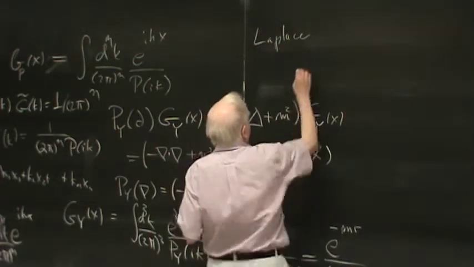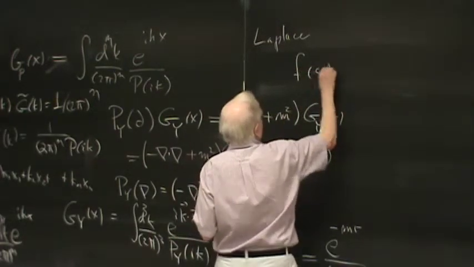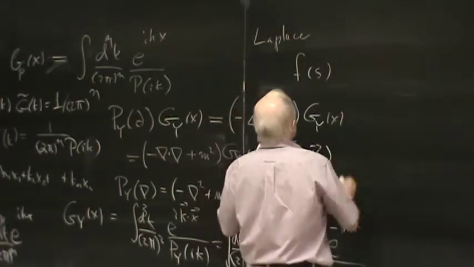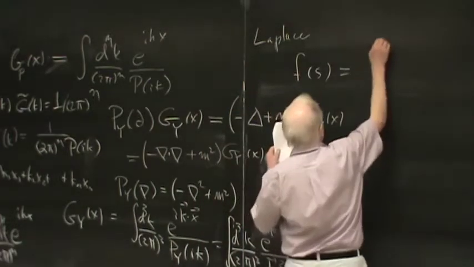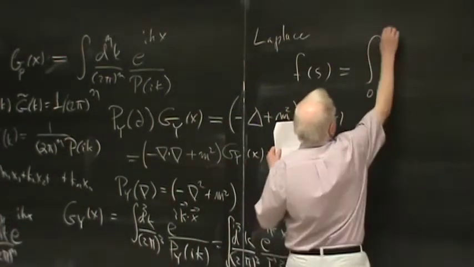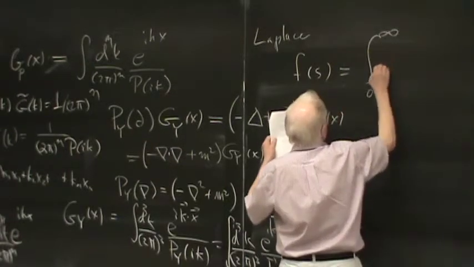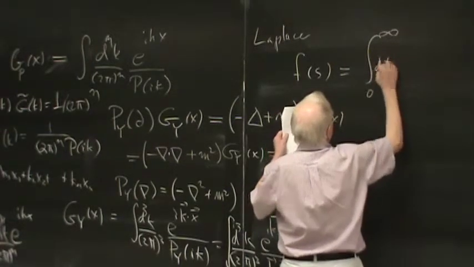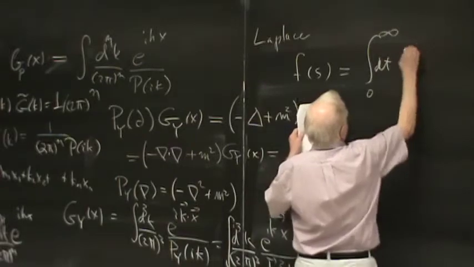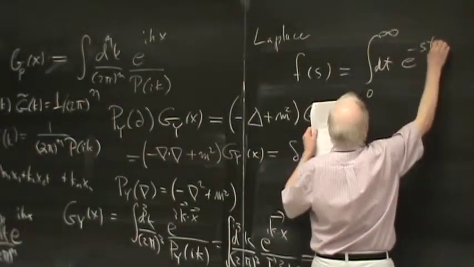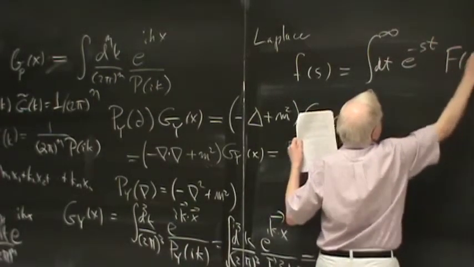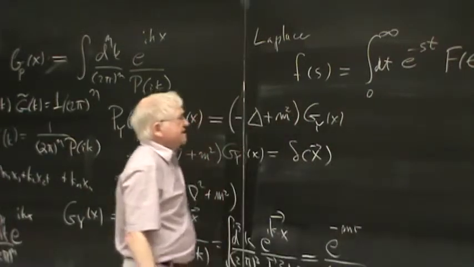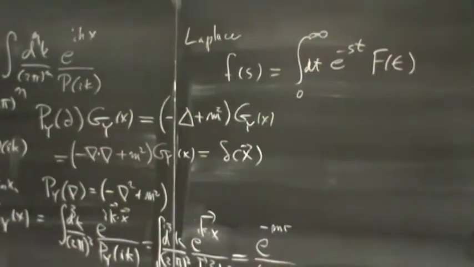Okay, Laplace transforms. These are sort of like Fourier transforms, but also quite different. So it's the integral from 0 to infinity dt, e to the minus st, f of t. So you notice two huge differences.